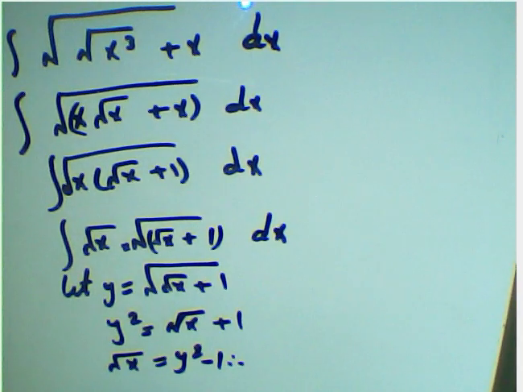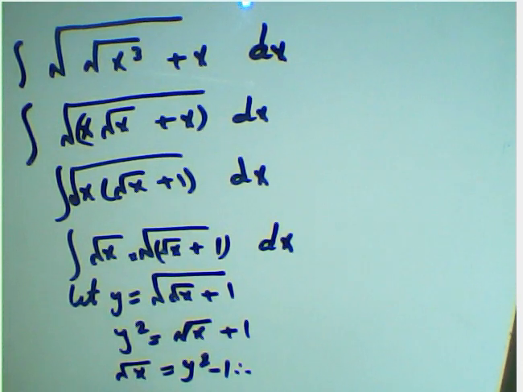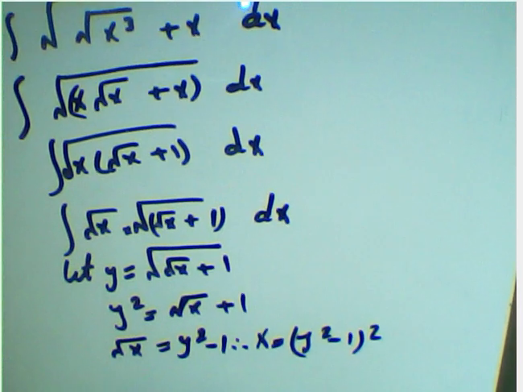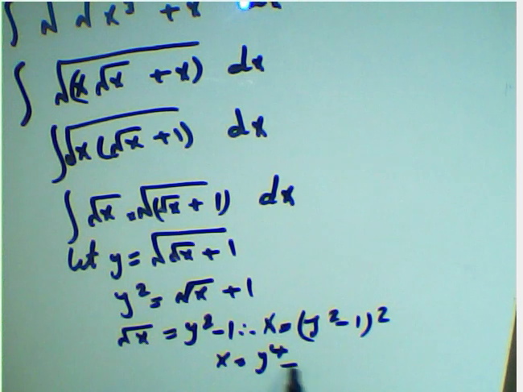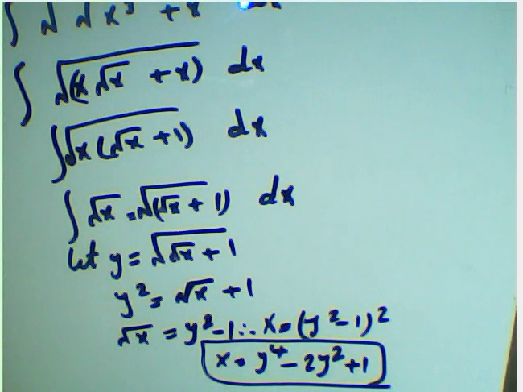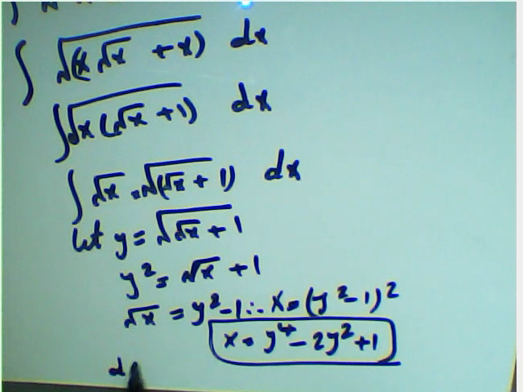And then you can find the power here and here, then x will be y power 2 minus 1 all power 2, and then x will be y power 4 minus 2y power 2 plus 1, it's x, and you can get dx equal to 4y power 3 subtract 4y all dy.